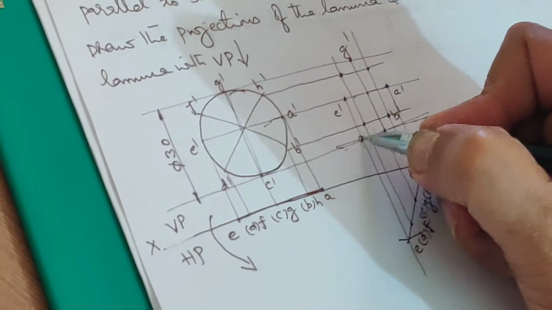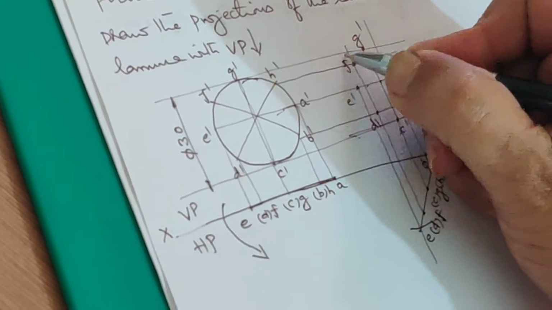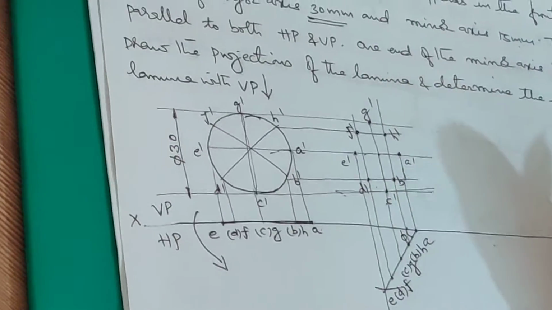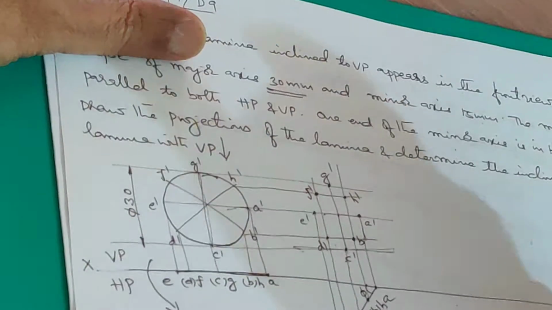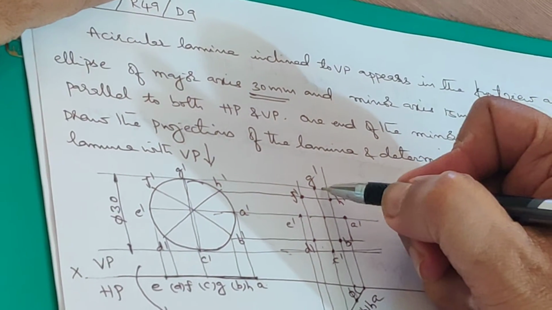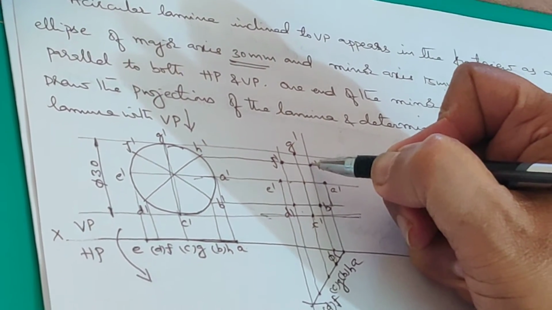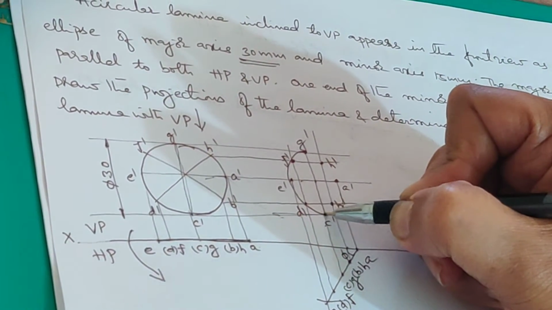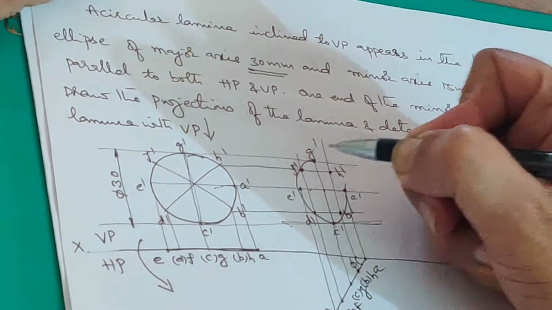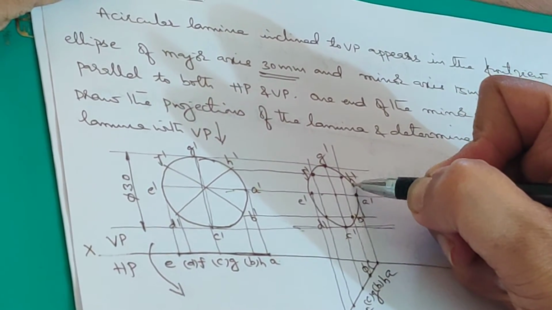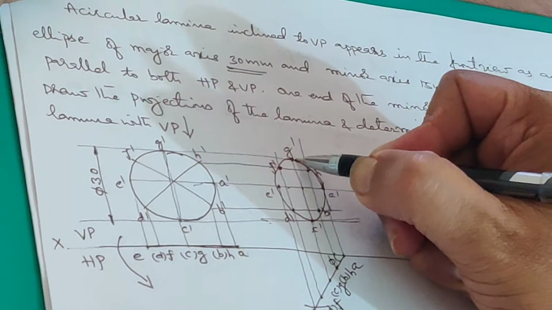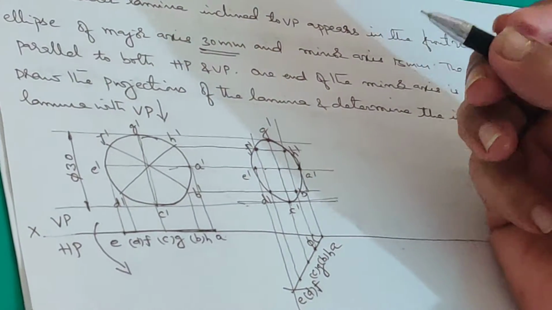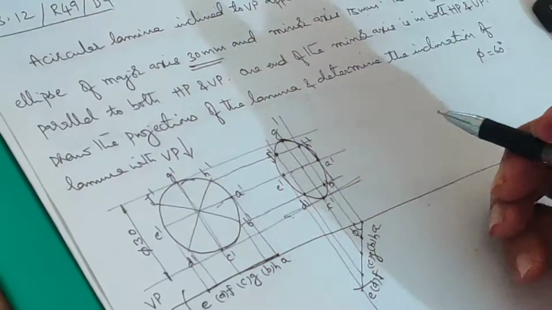B dash, C dash, then this is D dash, E dash, F dash, G dash, H dash. Now passing through these points, you are going to draw an ellipse which has to be drawn freehand. Freehand, you should make it appear like a single curve without any breaks in between. So this is the ellipse. This has the major axis 30 mm and the minor axis 15 mm. So this is your second step.